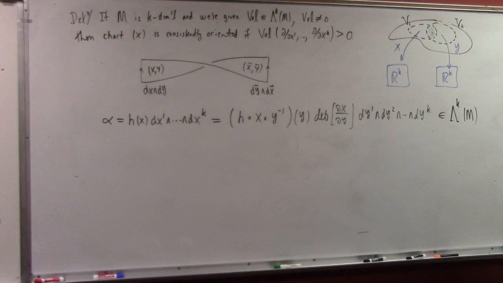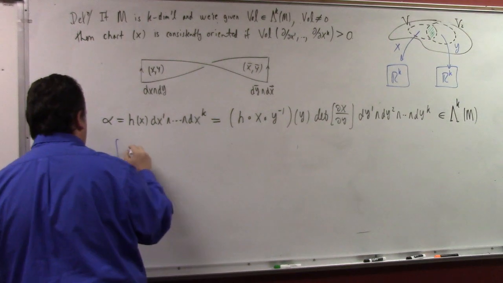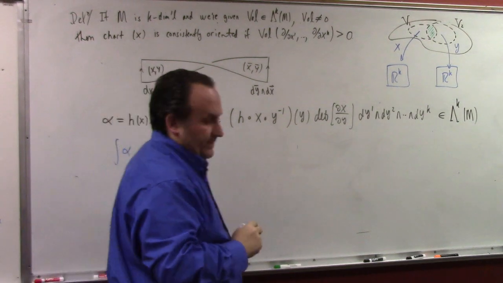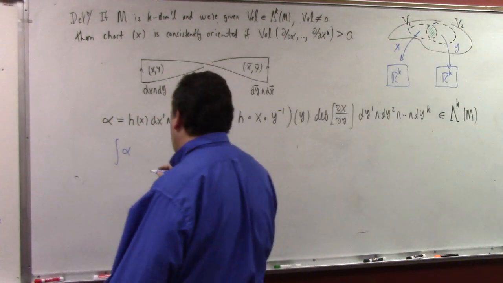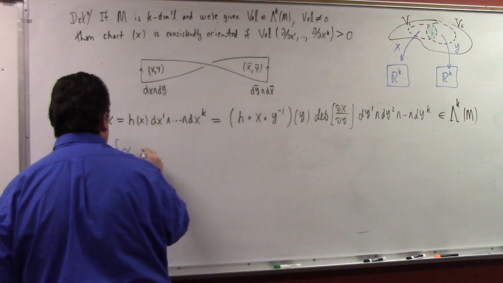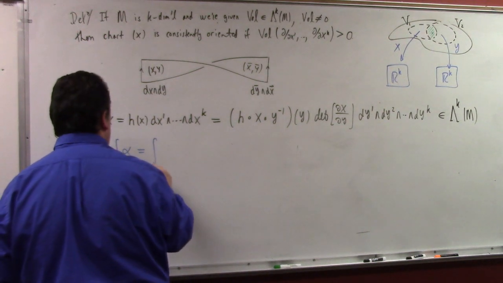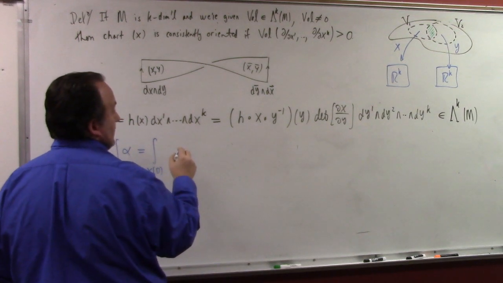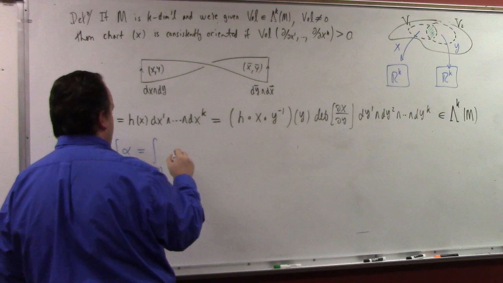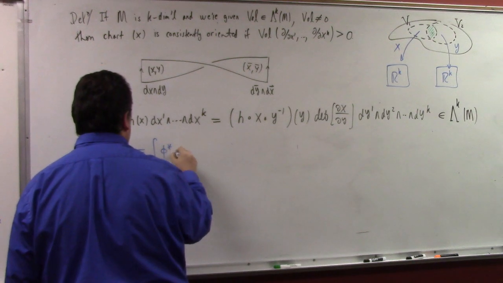And how do we define the integral? The integral of alpha over some region D, right? Well, it's equal to the integral of what? Basically x of D, right? And I'm going to use the patch here, phi pull back alpha, right?